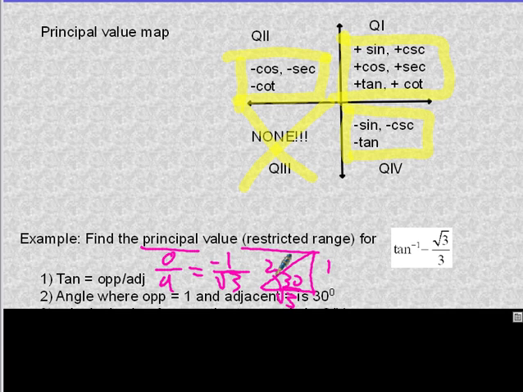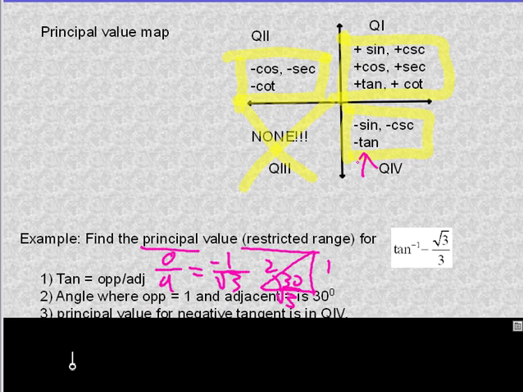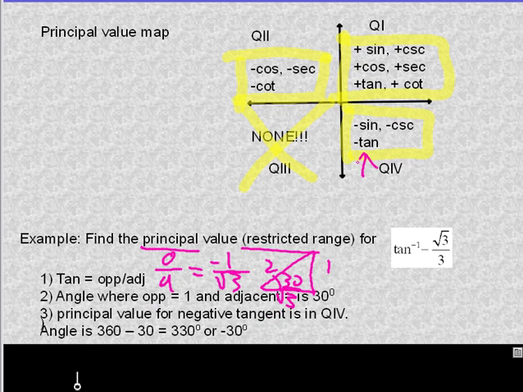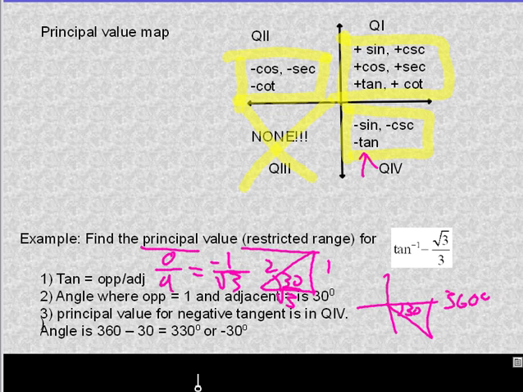It's negative, so since it's tangent, we're going to take it out of quadrant 4. So the angle is going to be 360 minus 30, or you could even tell me negative 30. So 360 minus 30 is 330. Either of these answers would be okay if you want to just leave it as the negative angle.